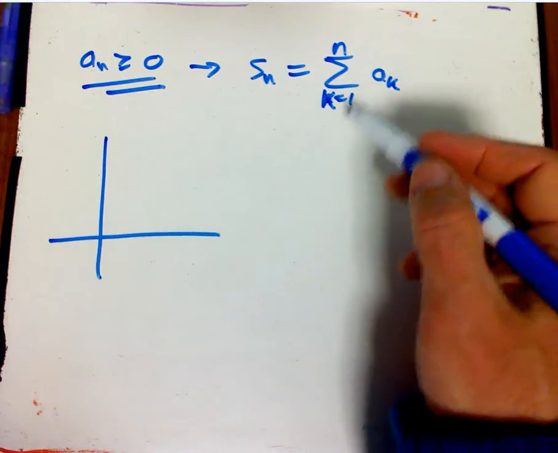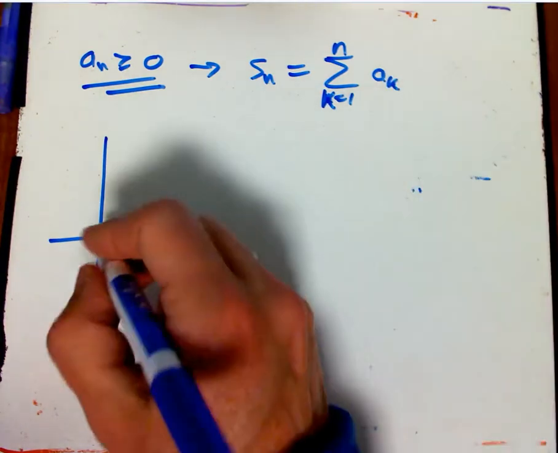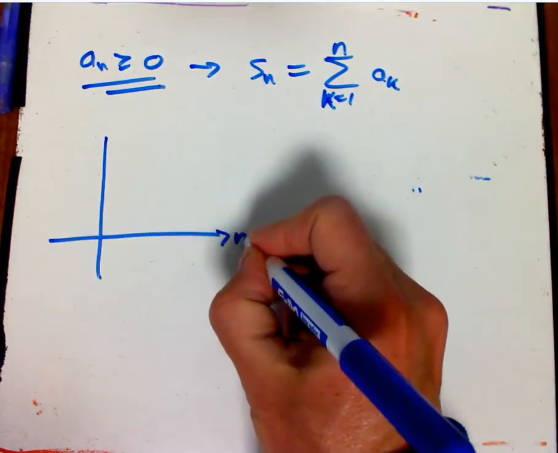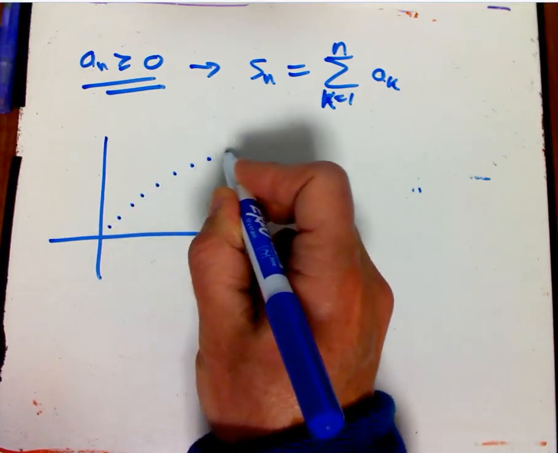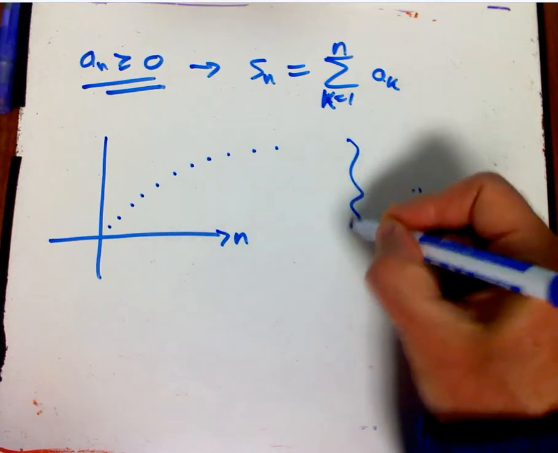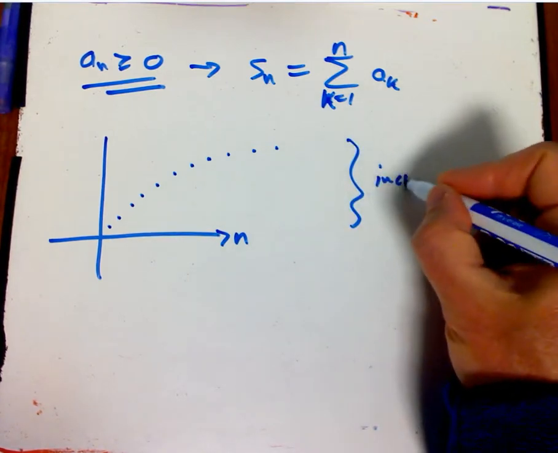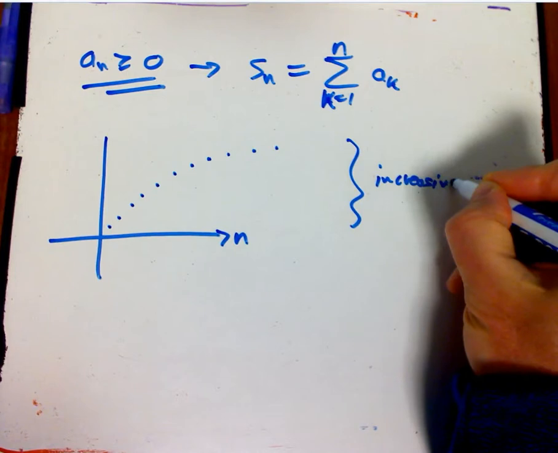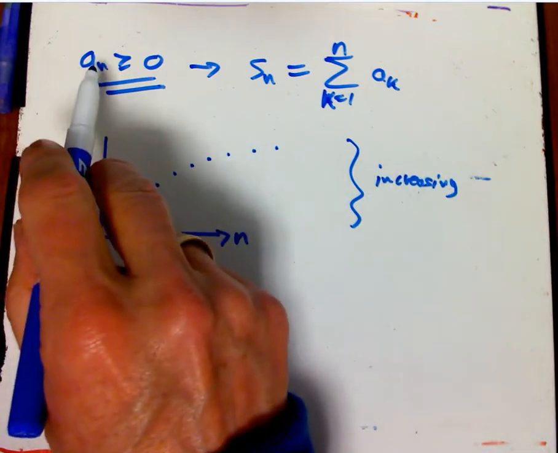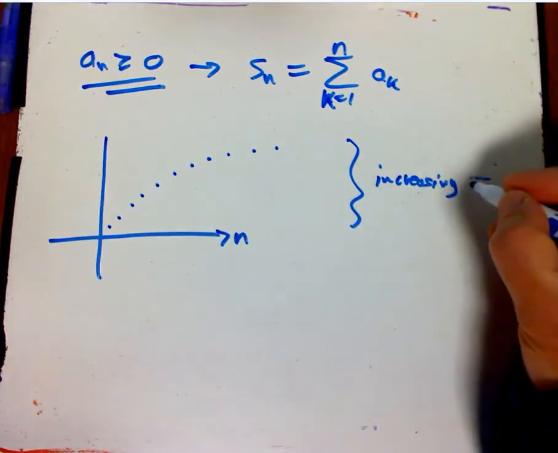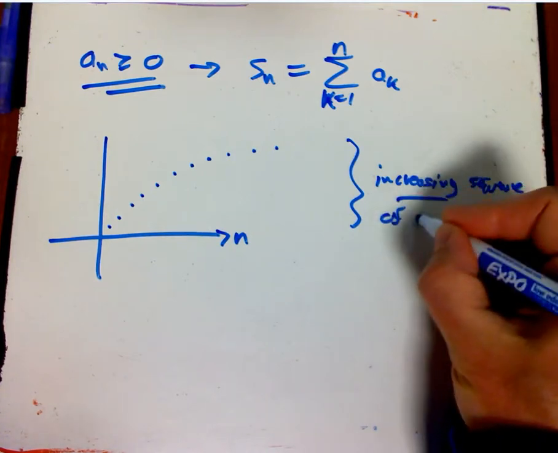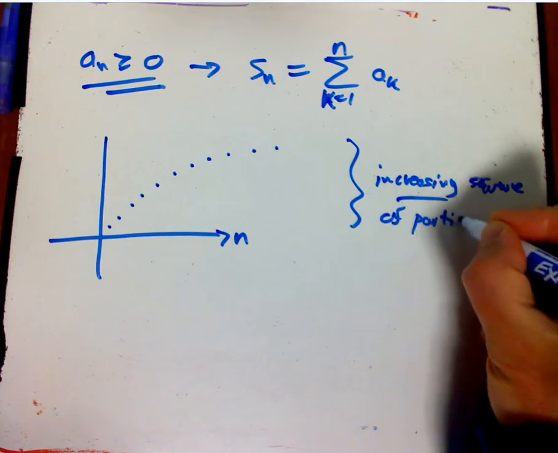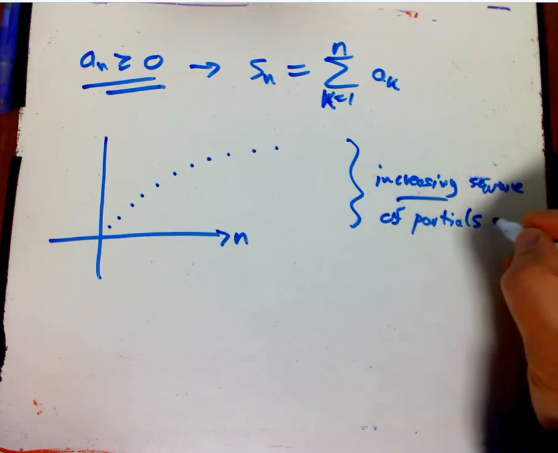If you're adding up more and more non-negative numbers, then as the number of terms you add increases, you're going to get an increasing sequence of partial sums. I'm not saying the terms are increasing. They're just known to be non-negative. But the sequence of partial sums is increasing.